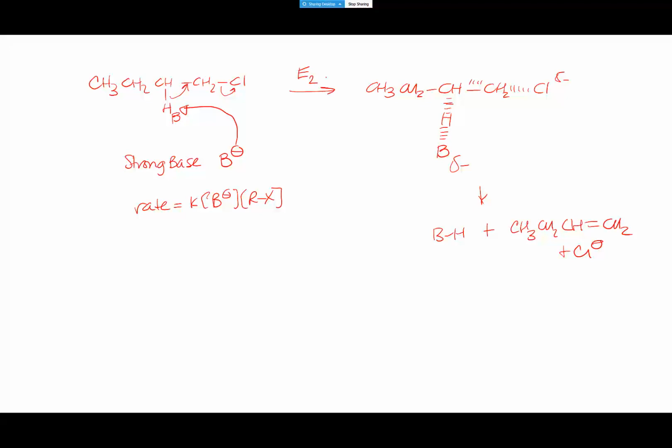Oh, and then if I have, instead of 1-chlorobutane, if I have 2-chlorobutane, where now there's an alpha and there's now 2 beta carbons with beta hydrogens, I can still get my 2 products, my 1-butene and my 2-butene.